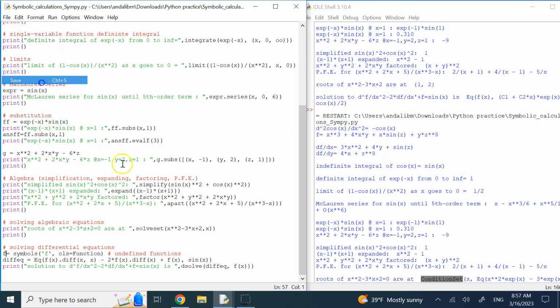So here, what I create is called an undefined function. What does that mean? It means, hey, this function f is the answer to the differential equation, okay? Like y, for example. If y is a function of x, or here f is a function of x, this f is the answer to the differential equation.